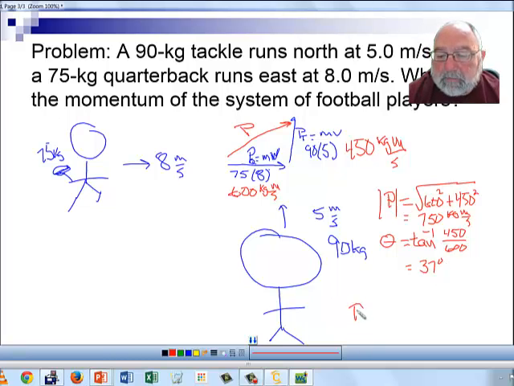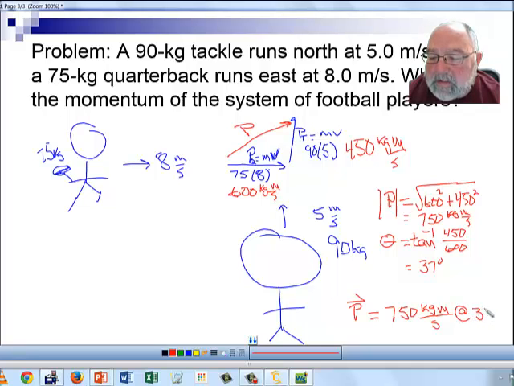So the momentum of the system is 750 kilograms meters per second at an angle of 37 degrees.